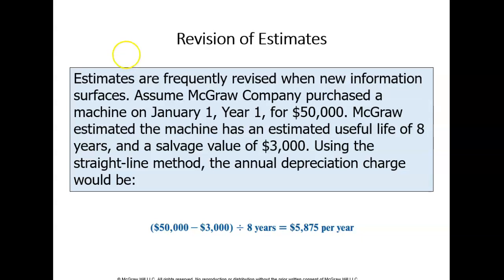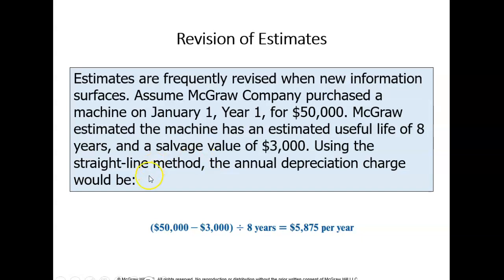And those estimates sometimes are going to be changed based upon some type of new development. For example, we purchased a machine on the 1st of January for $50,000. The machine has a useful life of 8 years and a salvage value of $3,000.